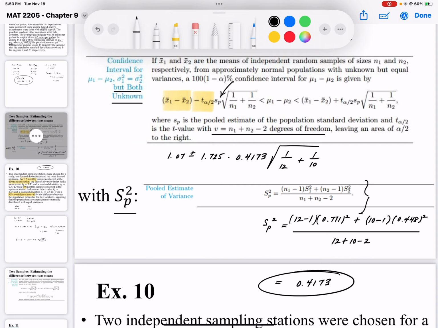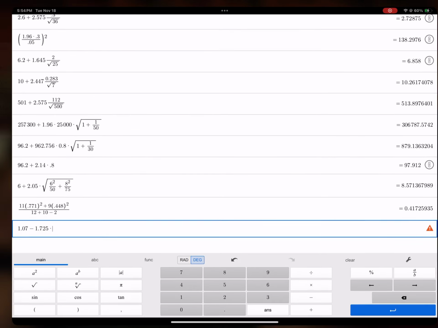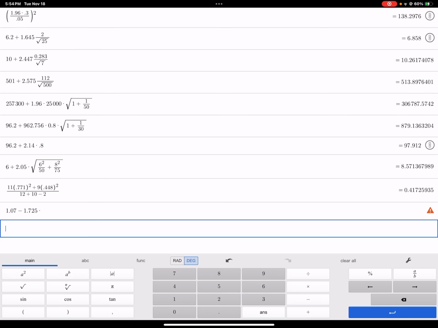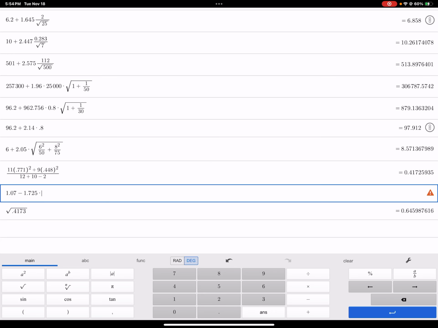So I have a feeling I need to take the square root of that. Notice it. See that? That s p doesn't have a squared there. So let's very quickly do that. The square root of 0.4173, so 0.645 or 0.646. That's what should be there.